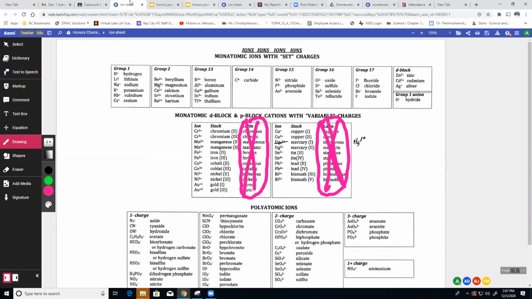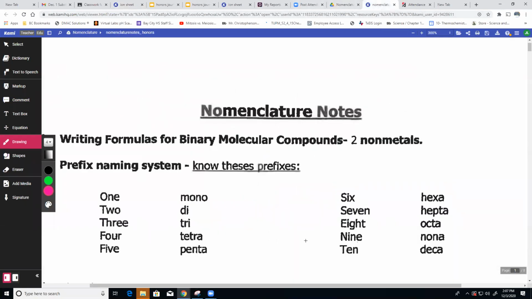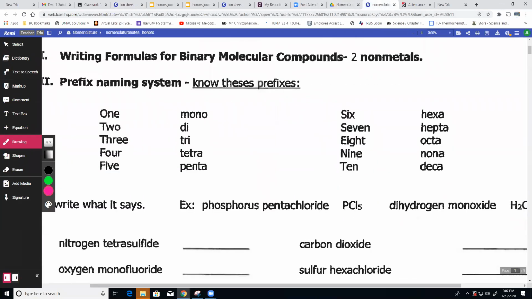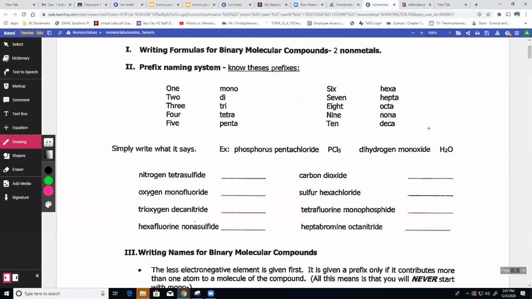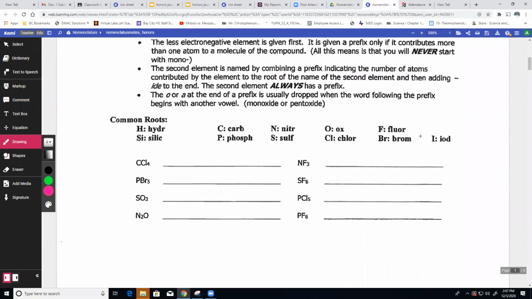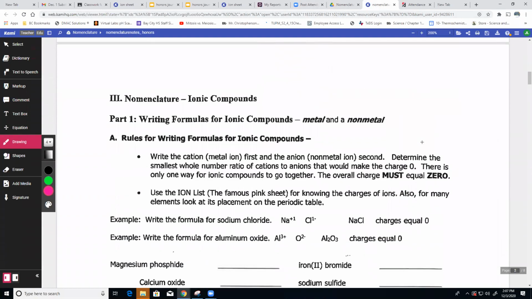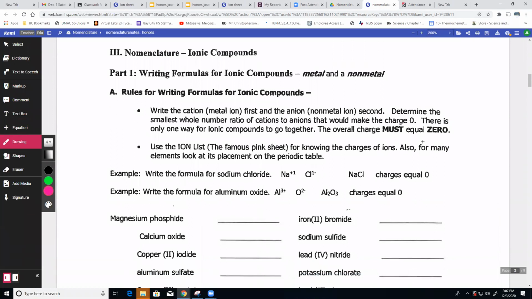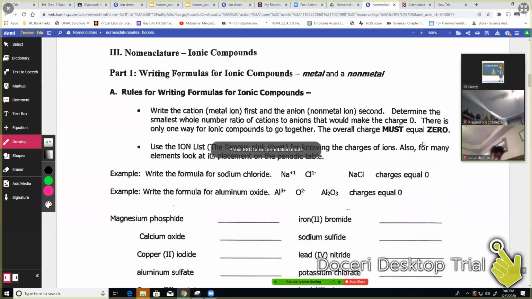All right. So let's move on to our notes. I'm going to make these a little bit smaller. So we are on the back of the first page. What makes it a little harder is there's one set of rules for covalent compounds, which we did.